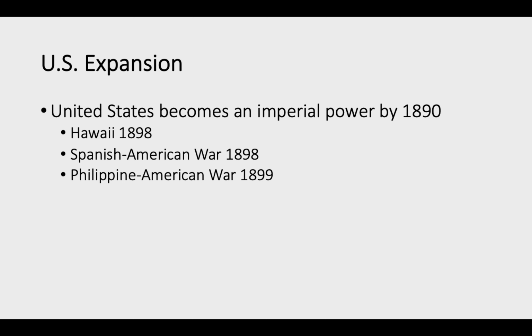Expansion really had been limited to North America previously via the Monroe Doctrine. The Monroe Doctrine really was the only piece of foreign policy set by the US up until the 1890s.